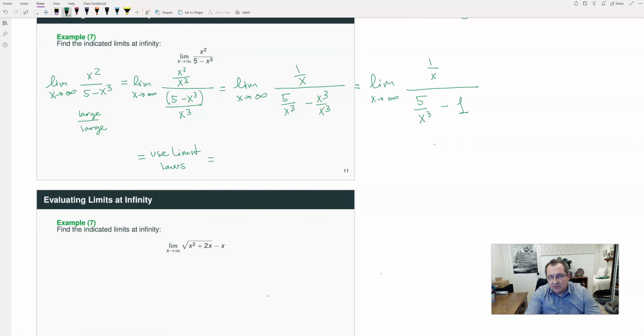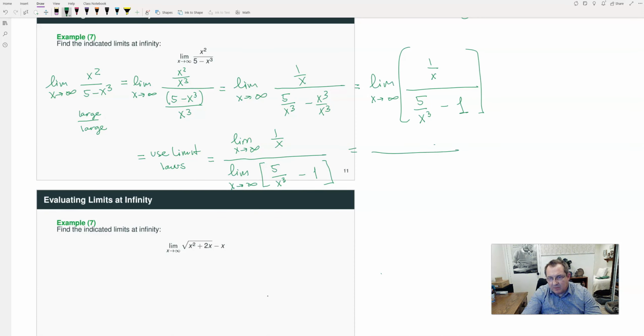In particular, the limit of a fraction is equal to a fraction of the limits. So I'll have the limit as x goes to infinity of 1 over x. That's the numerator. And then I have the limit as x goes to infinity of the following difference: 5 over x cubed minus 1.